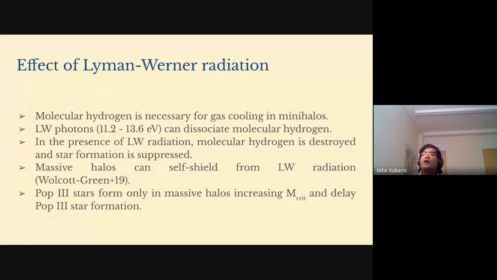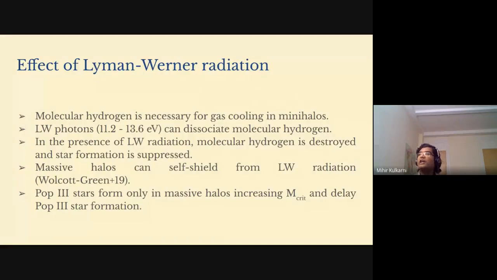So a neighboring halo is now exposed to this Lyman-Werner radiation, and POP3 star formation in that nearby halo is now delayed because of this Lyman-Werner radiation.